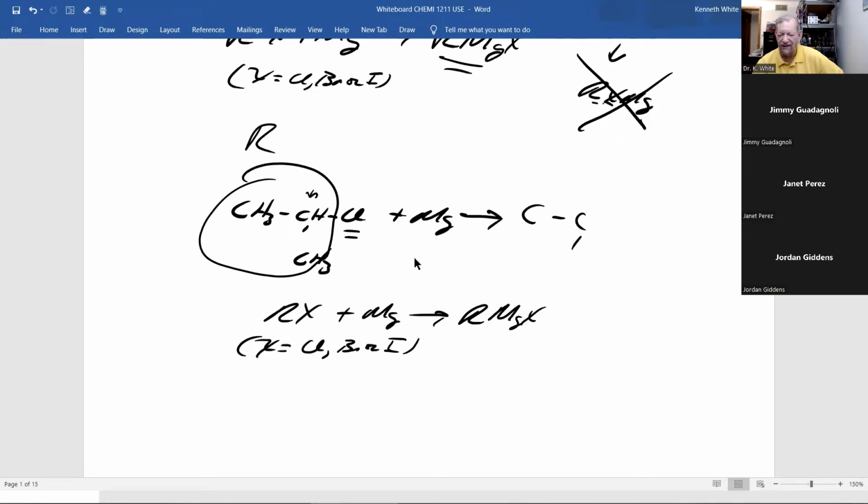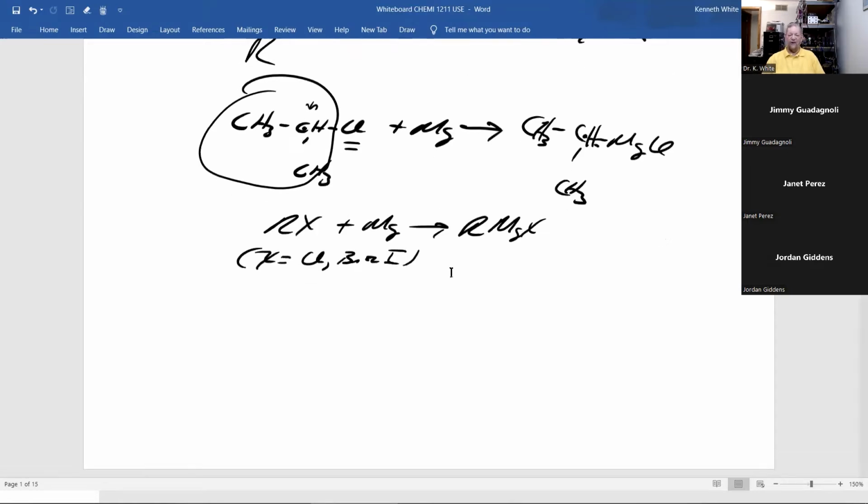What carbon has the halogen? This one, that will be the one bonded to magnesium, and the halogen is chlorine. And there are 4 bonds to carbon. That's correct as is. And I'm done. Let's do one more.